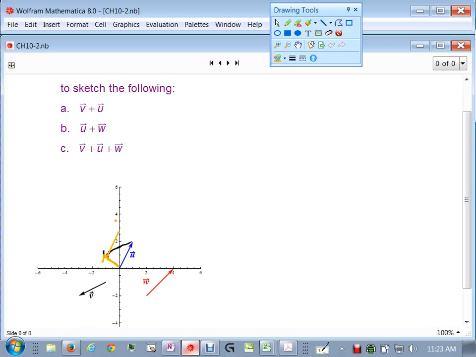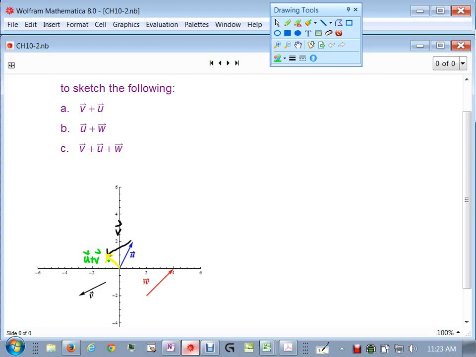Remember, this is v. This one right here would be u plus v. That little yellow one right there. And then you could do the rest, u plus w, and then add them all.